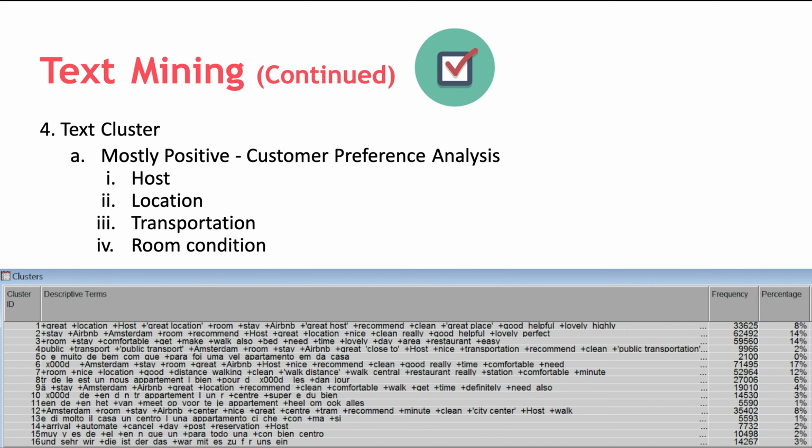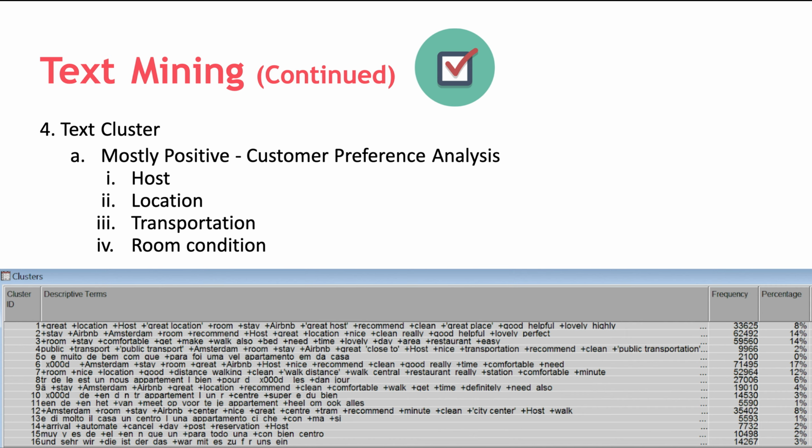And as you can see, these clusters are showing mostly positive feedback from the customers. So our focus here is to do a customer preference analysis where we extract what the customers' preferences are, what they like from their experience, and these are basically the criteria or indicators that we can set up as a matrix for future evaluation, future assessment, and decision making for the business.